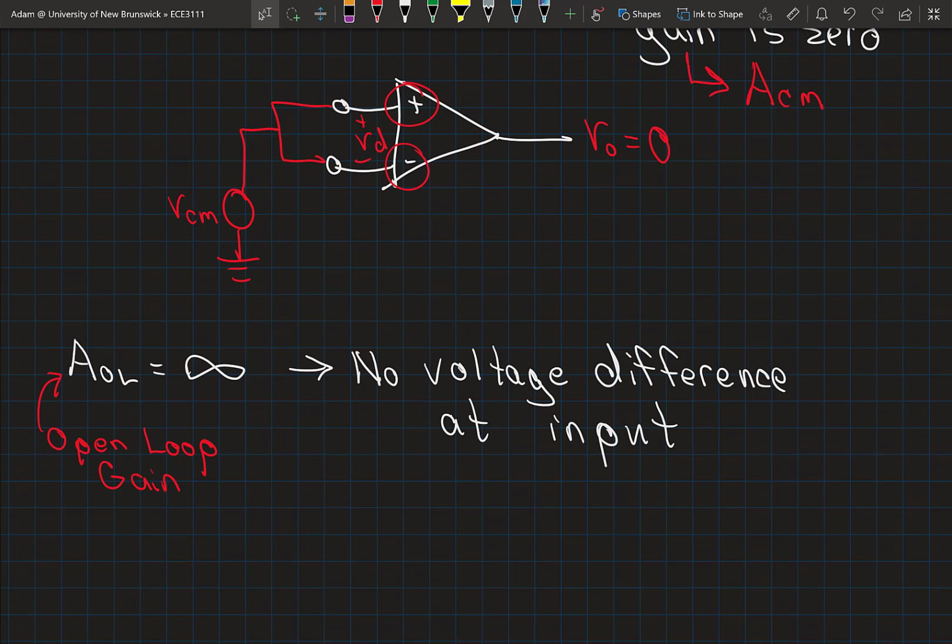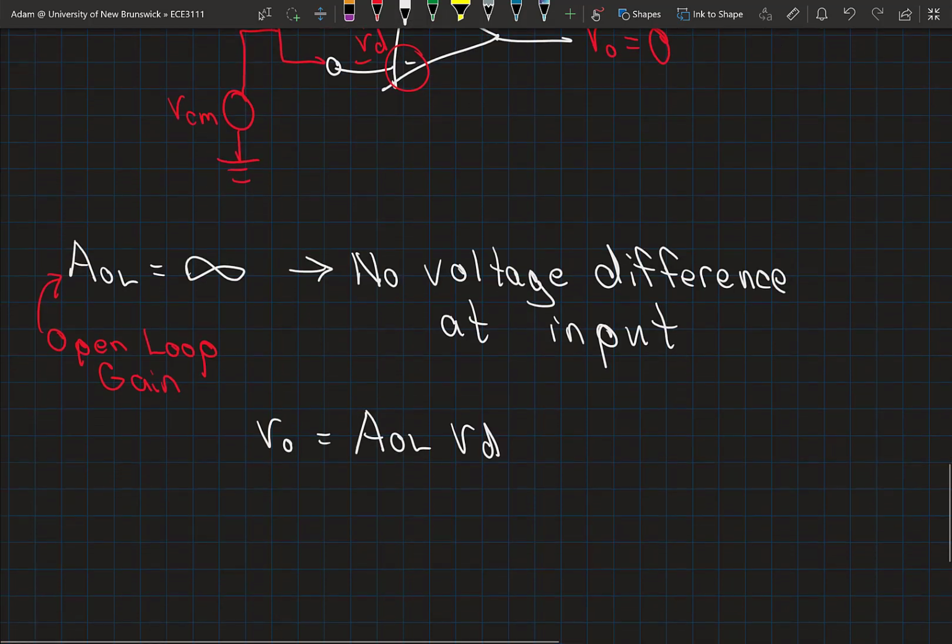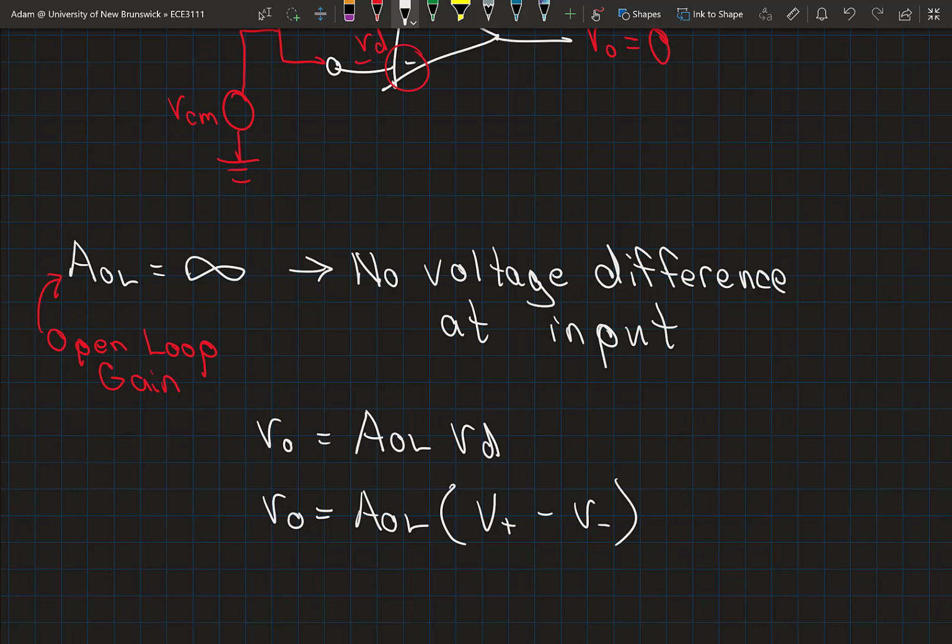So let's look at it just algebraically. We've said that the output voltage is equal to my open loop gain times my differential voltage, and we know that the differential voltage is equal to the voltage at the non-inverting terminal minus the voltage at the inverting terminal.